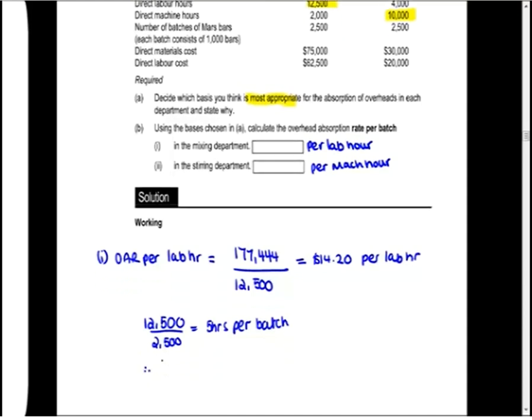So therefore the appropriate amount of overheads in the mixing department will be 5 hours times by 14.20, which is $70.98 per batch.